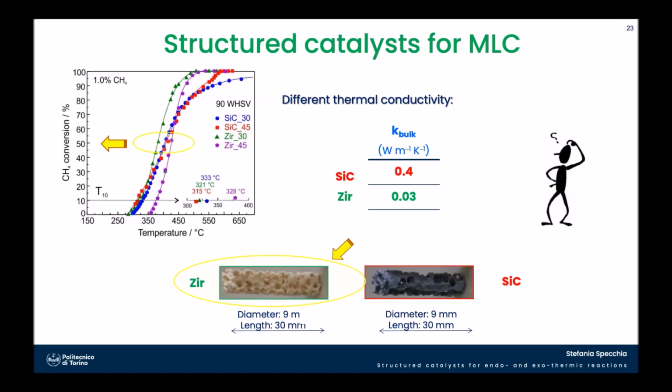All of those experiments have been carried out in a reactor by using foams of 9 millimeters of diameter and 3 centimeters in length. So we thought, okay, what's going on if we mix the foams, and instead of using only zirconia or SiC, we use a composition of both foams.